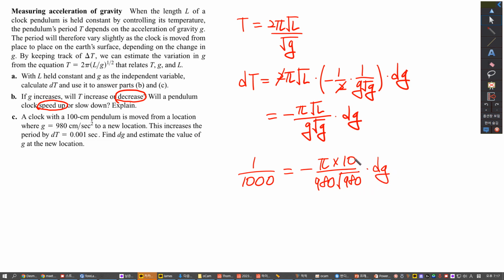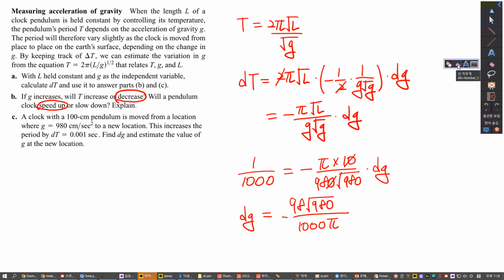So if we simplify this, it looks like this.